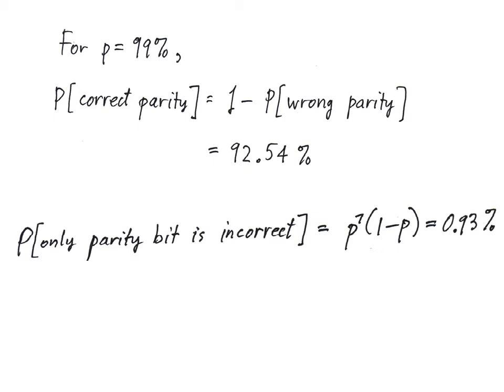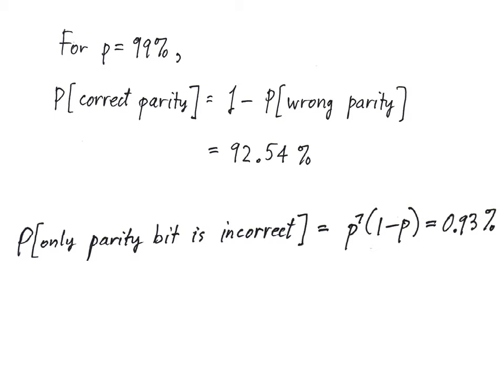With that error rate, the correct parity is calculated with probability 92.54%. Now, I mentioned previously that it's possible that only the parity bit is incorrectly received. That happens 0.93% of the time.